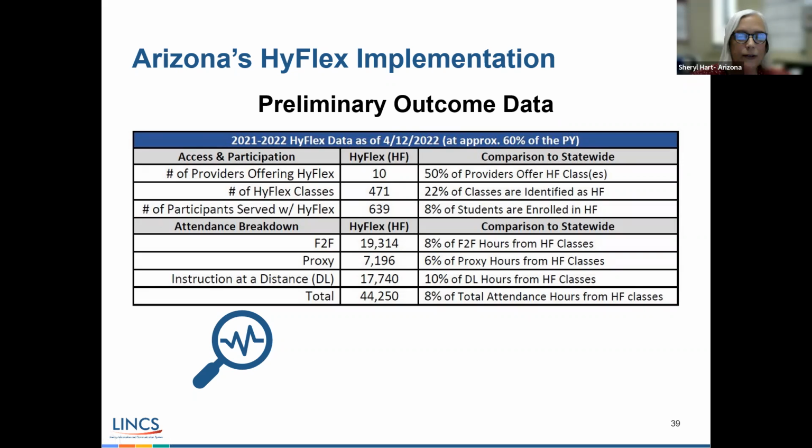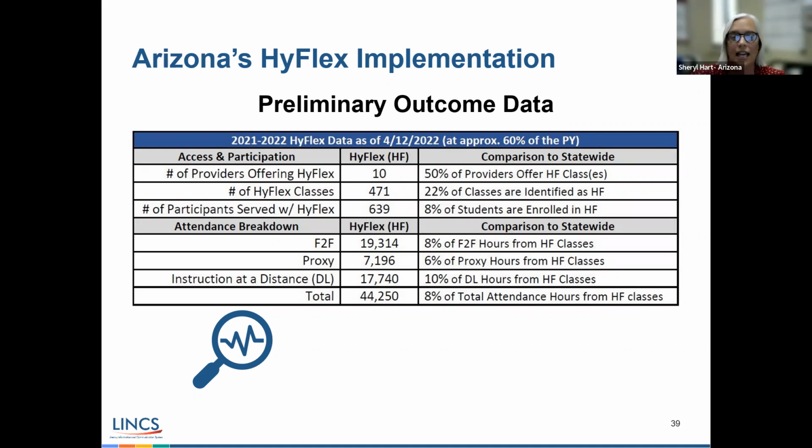If you look at our attendance, and I'll answer the question about proxy hours also, I'll take you to the bottom row. We have 44,250 total attendance hours. So 8% of our students are enrolled in HyFlex, and 8% of their total attendance hours are from HyFlex classes.